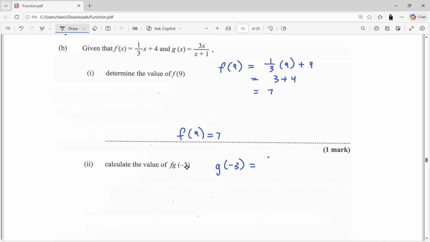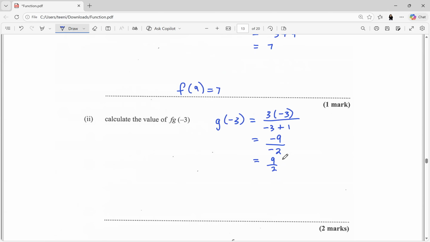So that would be 3 times negative 3 over negative 3 plus 1. 3 times negative 3 is negative 9, and negative 3 plus 1 is negative 2. So negative 9 over negative 2 will be positive 9 over 2.